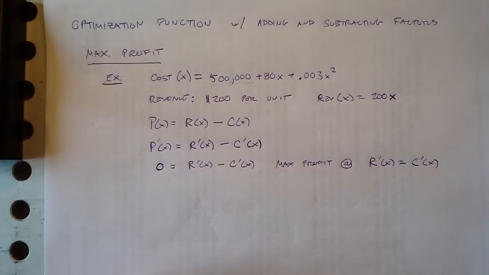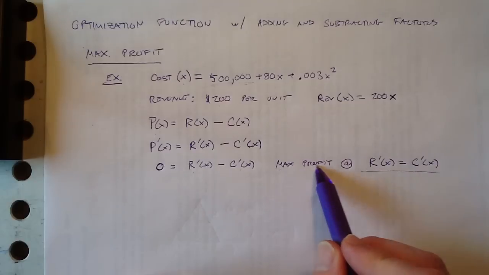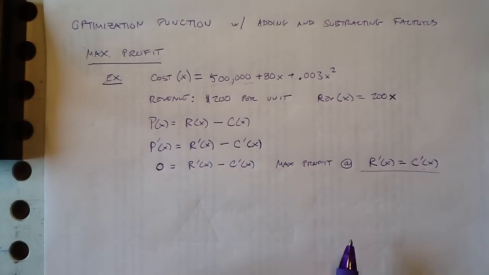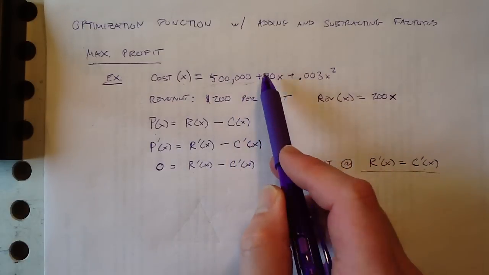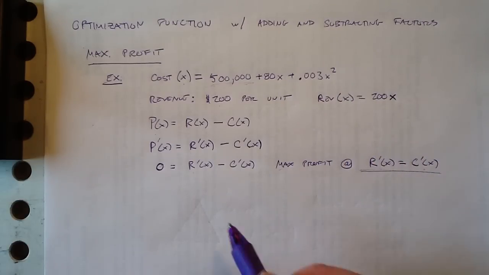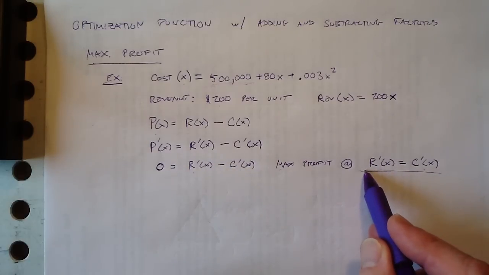Just moving one of those to the other side. Now, this is a fundamental principle of economics. Maximum profit happens when marginal revenue is equal to marginal cost. So we could set this up, we could just set up this one minus this one, or we could set up the function from here to find our maximum, either way. So let's go from here.